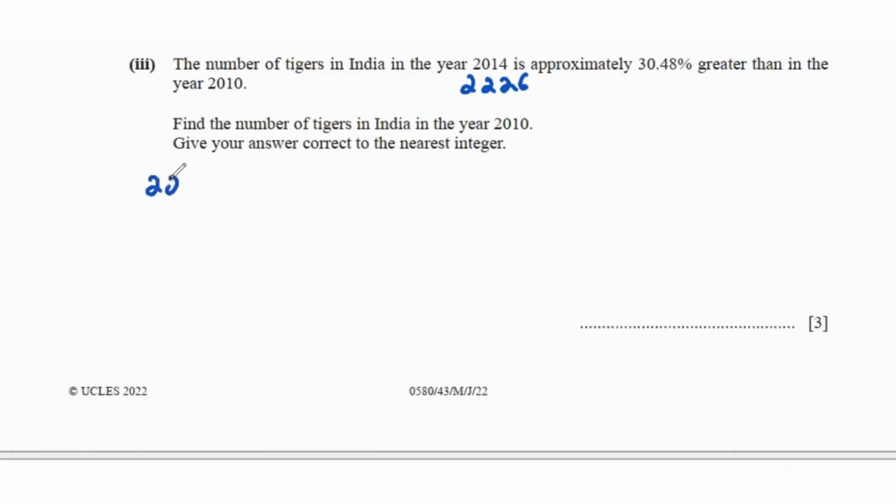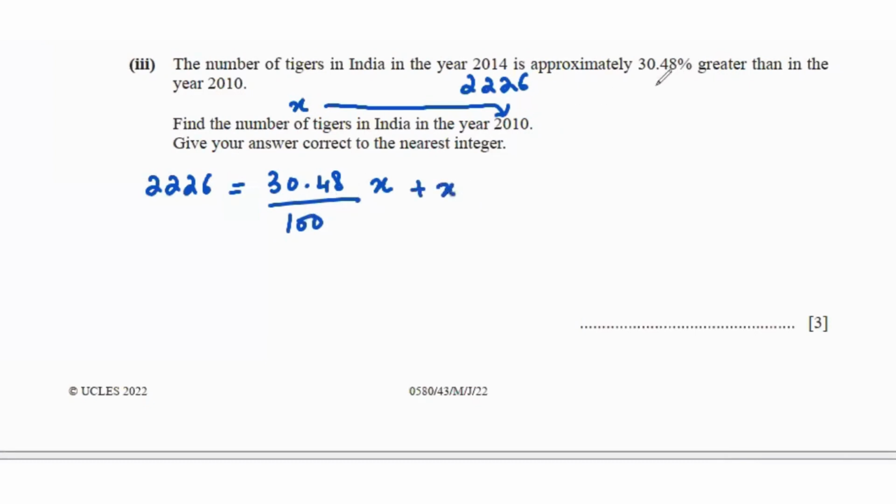So this value is basically equal to 30.48% of X. X is your number of tigers in 2010. So 30.48% of X plus X, because it's showing a 30.48% increase of the number of tigers in 2010. So we add the 30.48% of that value to the value.